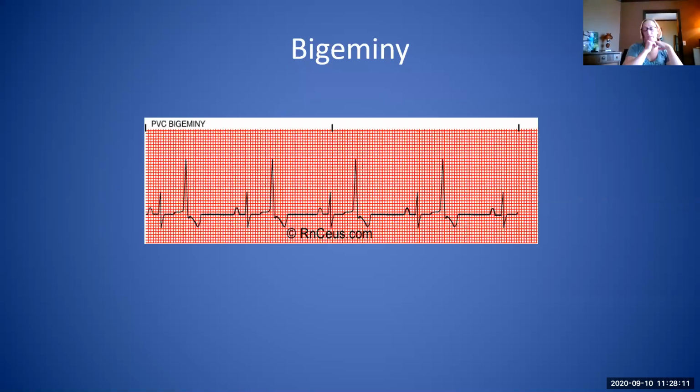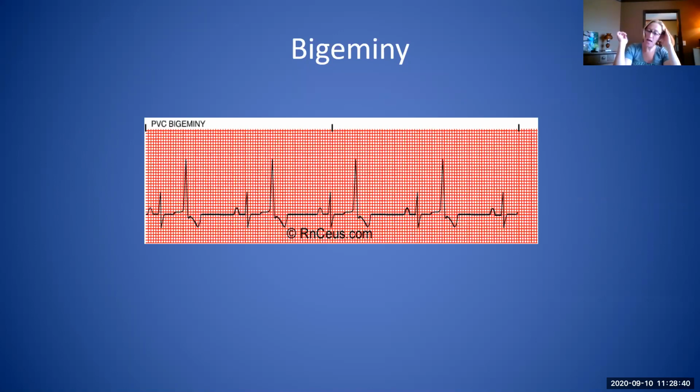So with this Bigeminy though, sometimes your pulse oximeter monitor can be a big indicator that something's going on if they're not on a monitor. So if you're on an unmonitored floor, or even in the nursing home or wherever a patient isn't monitored, and you're checking a pulse ox and you're getting crazy readings, that's usually a red flag that should go up, like maybe we should be checking an EKG.